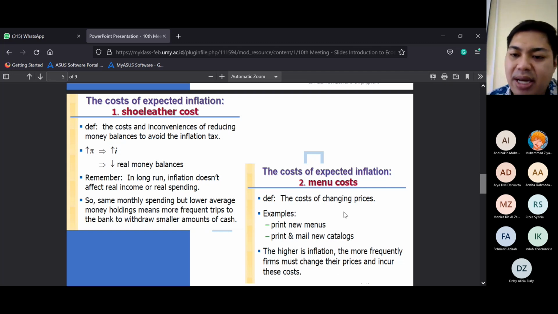So menu cost means that with more inflation, the firm must change its strategy, because in these conditions the cost of labor and the cost of production increase, so the people connected with this inflation must modify and change the patterns of the price a little bit. So it is called menu cost.